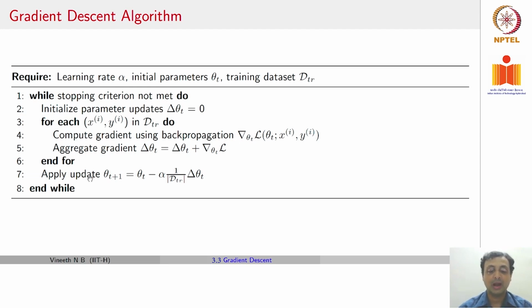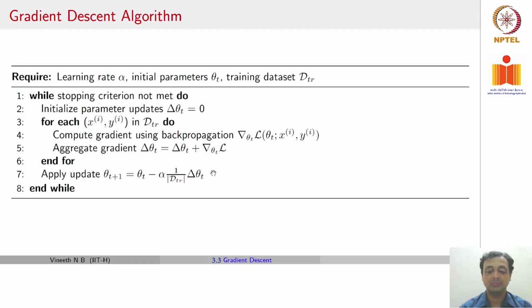Then finally you apply your update, and theta t plus 1, which is your parameters at the next time step, is equal to parameters at the current time step minus alpha times 1 by cardinality of dtr, which is the number of data points that you have in your training data set, times delta theta t. How long do you train this?